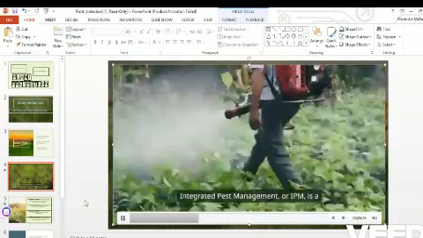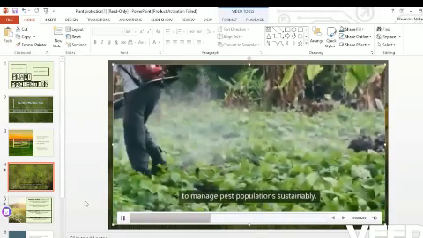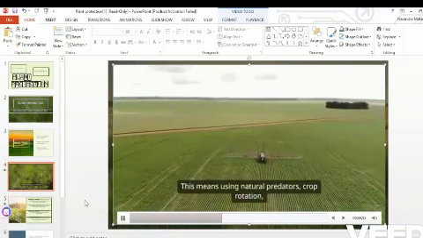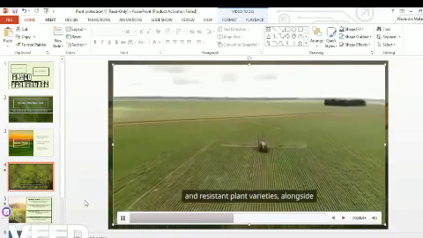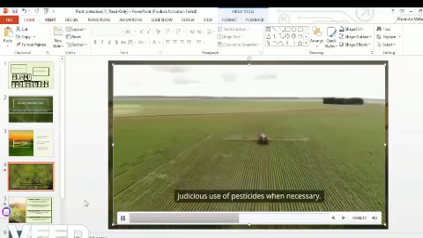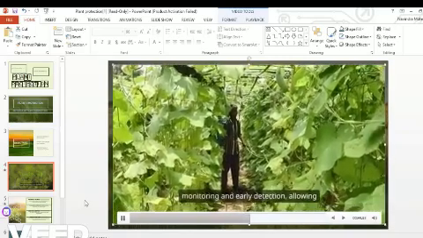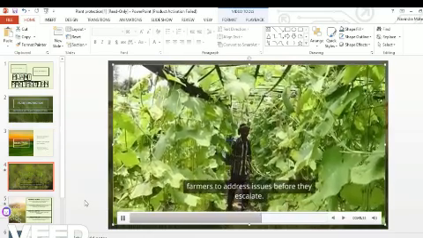Integrated pest management, or IPM, is a key approach that combines different tactics to manage pest populations sustainably. This means using natural predators, crop rotation, and resistant plant varieties, alongside judicious use of pesticides when necessary. Additionally, plant protection involves monitoring and early detection, allowing farmers to address issues before they escalate.